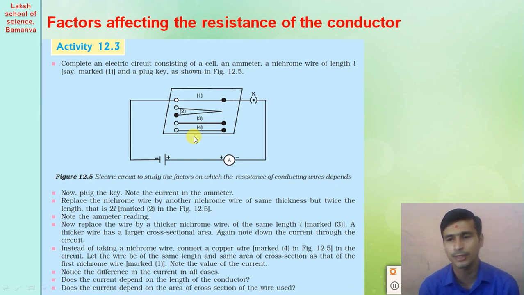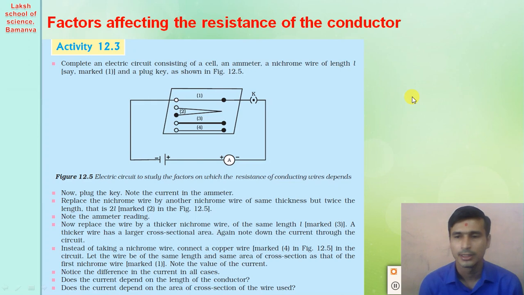For different types of material, the resistance of the conductor is different. So from this activity we can conclude that the resistance of the conductor depends, first, on the type of the material.